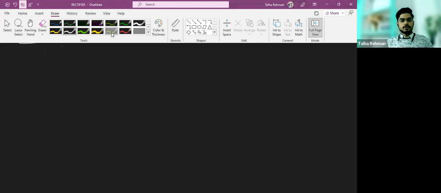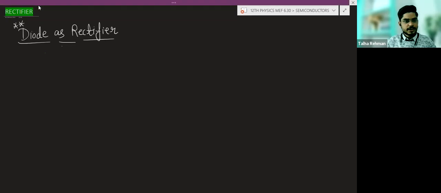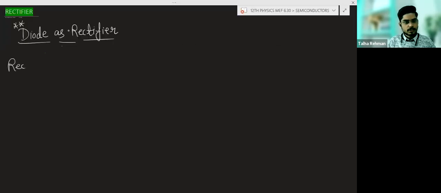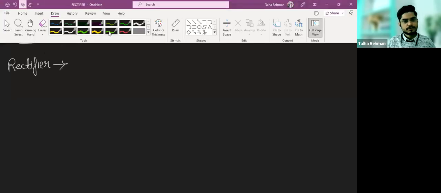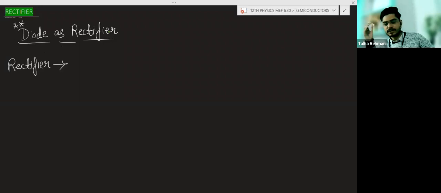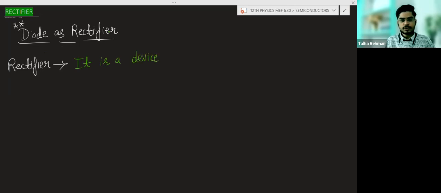So what is rectifier? First, we will see. Basically, a rectifier is a device used to convert alternating current to direct current.